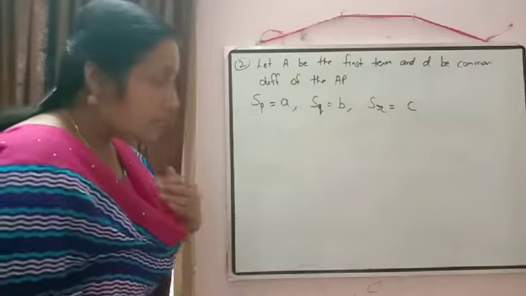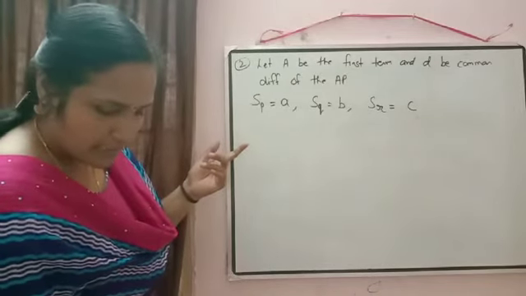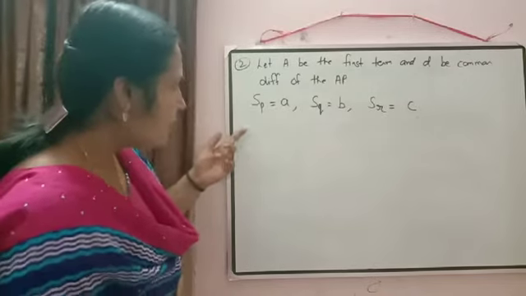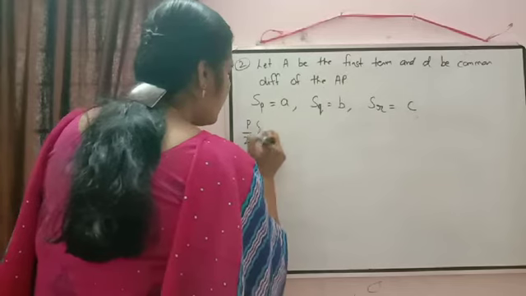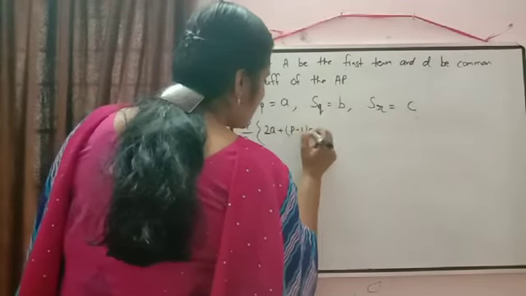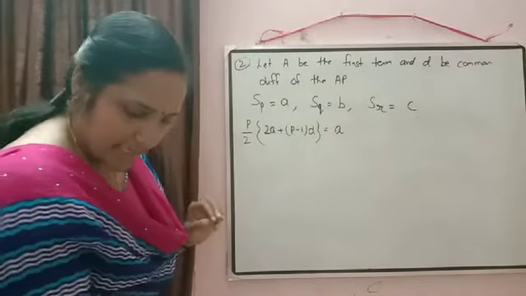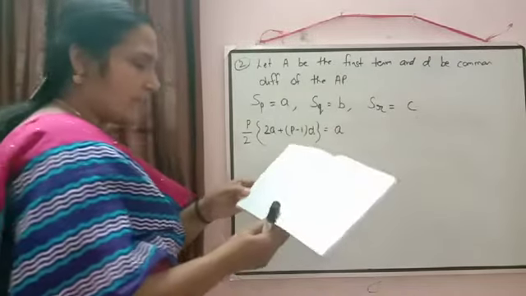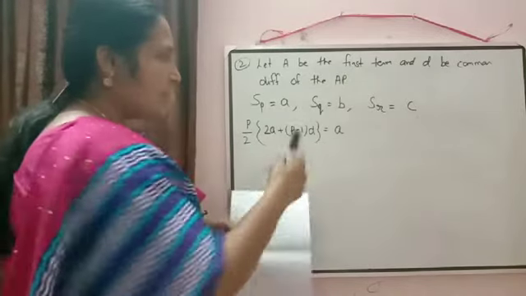Okay. So now first we can write down the formula. We'll check what will come when we use the formula there. So according to the formula, SP will be equal to P by 2 into 2A plus P minus 1 into D is equal to a. Now just to check in the proof what is given there. In that we need a by P. So here we have a.